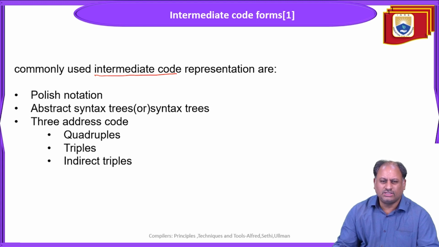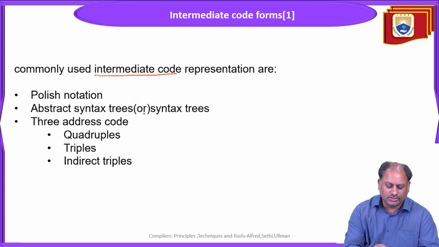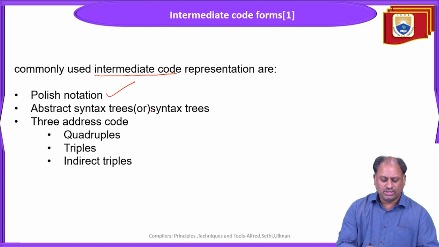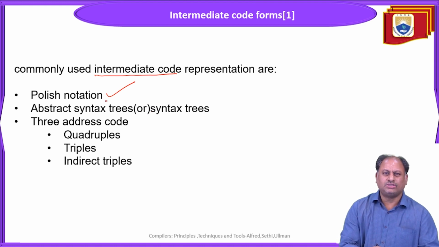What exactly is inside this phase? What are the terminologies and procedures used? Generally, the representations used in intermediate code are: one is Polish notation, which is used in tree structure notation, as we will see.